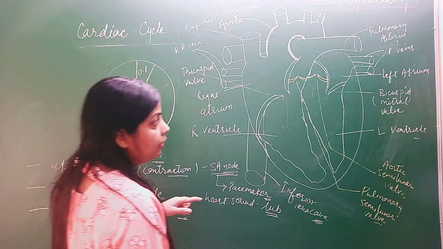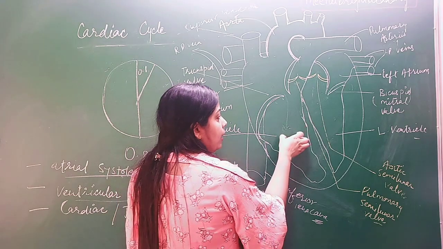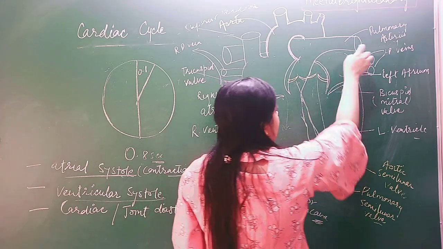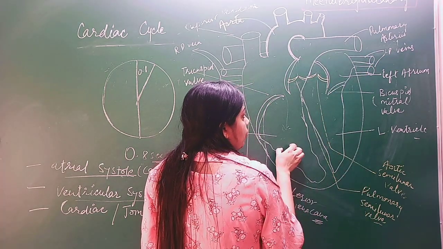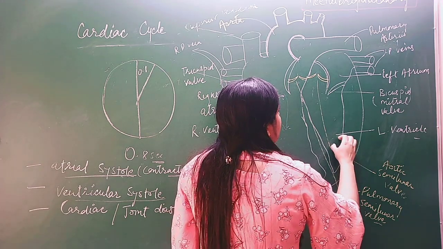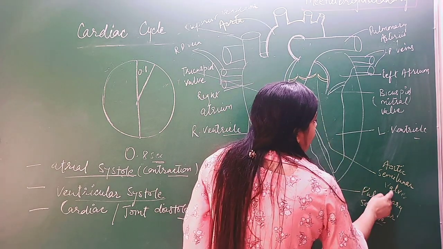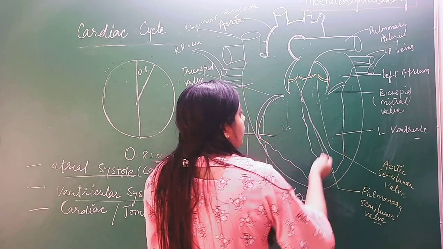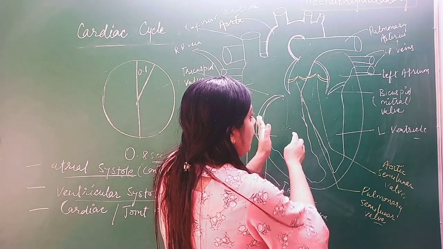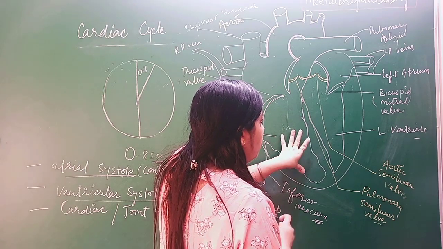And second thing, semilunar valves are opened here, so the blood from the right ventricle is transferred to the lungs, and these pulmonary arteries carry the blood from the ventricle, and from the left ventricle the oxygenated blood is sent to the aorta through the aortic semilunar valve. Now these ventricles are empty because the blood has been transferred ahead.